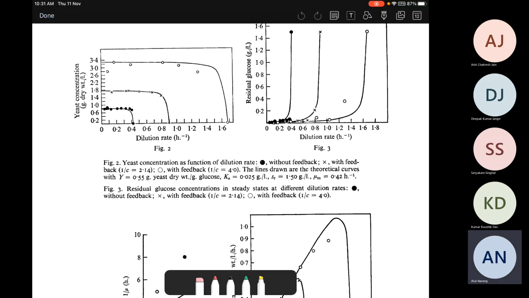This is the data obtained with the CSTR. So this is beta equals 1, nothing is removed, everything is allowed to go.